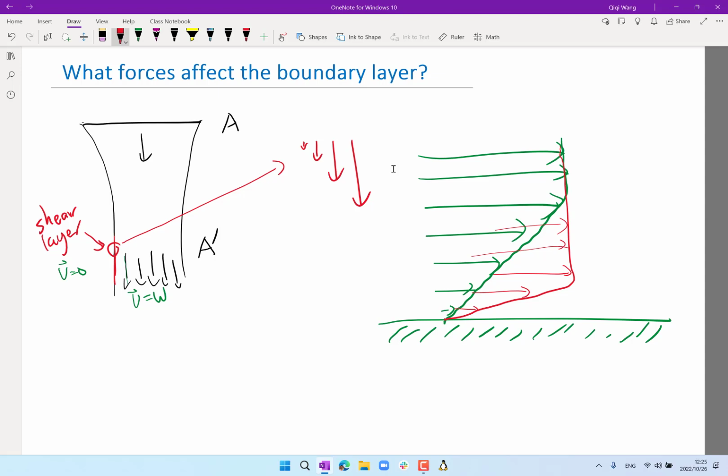Do you remember when you toured the wind tunnel? What was the geometry of the wind tunnel before the flow enters the test section? Yes, it shrinks.